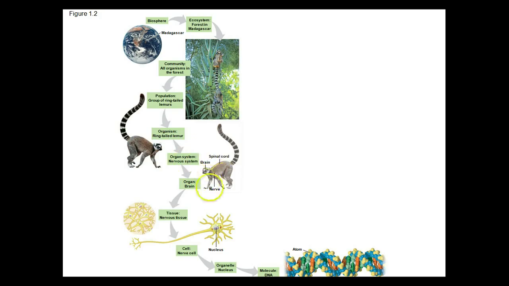He's going to have an organ system. I use the nervous system, brain and spinal cord, which is made up of an organ, which would be the brain. That brain is made up of nervous tissue, which is made up of these lovely dendritic cells and all kinds of other things, nerve cells. Those are made up of organelles, say the nucleus, and the nucleus is made up of a ton of amazing molecules, including DNA.